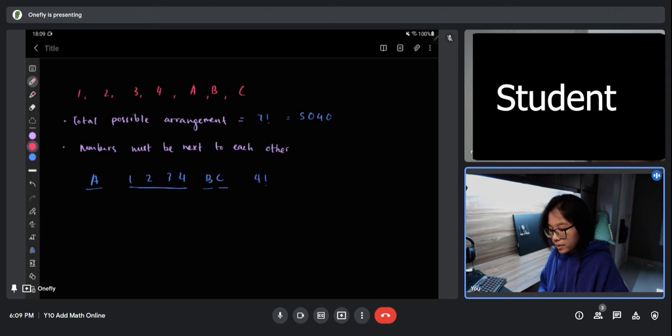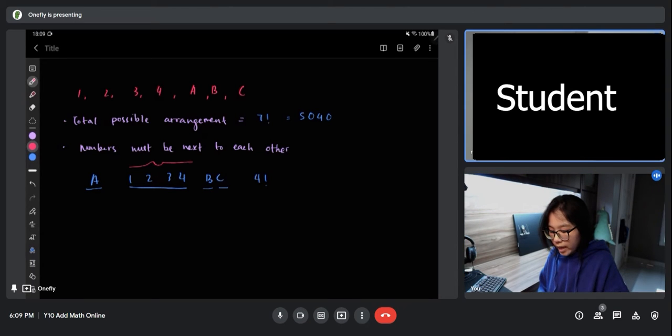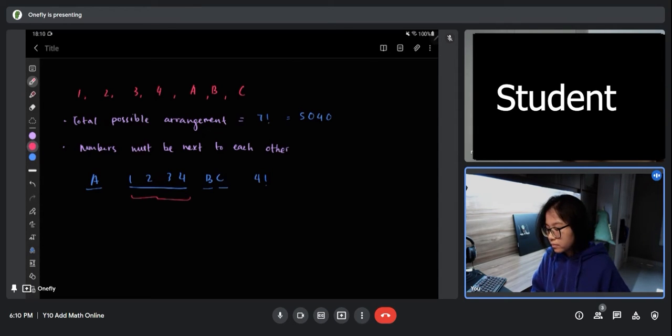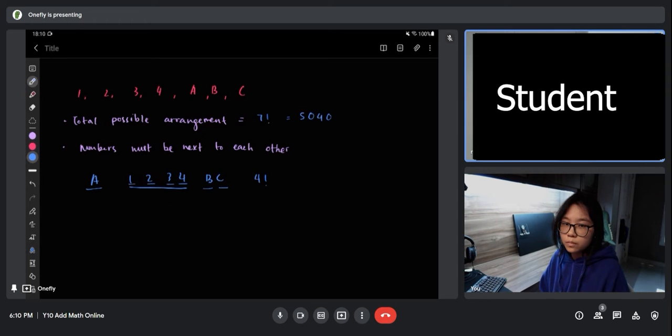Because the numbers inside can also be arranged. So it can be 1, 2, 3, 4, it can be 4, 3, 2, 1, and so on. Then how do we arrange within this group? What's the calculation?